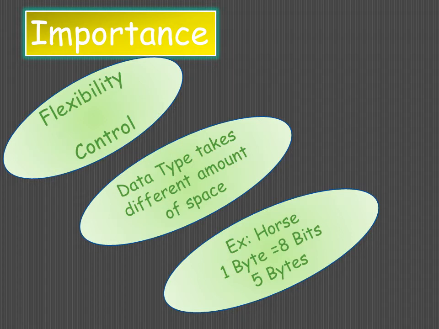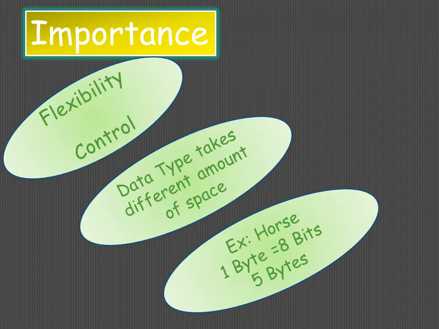Now next, each data type takes a different amount of space on your system. Definitely you are storing some data into the database, and whenever we are storing something on a computer, it utilizes some memory, occupies some space.